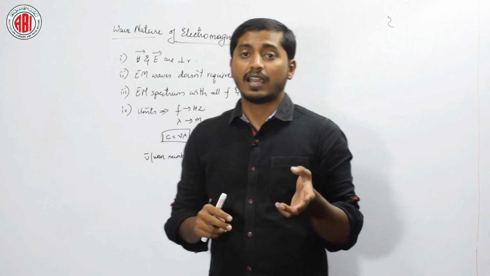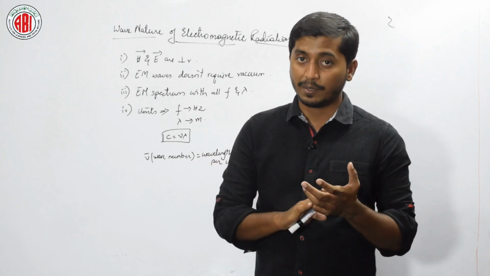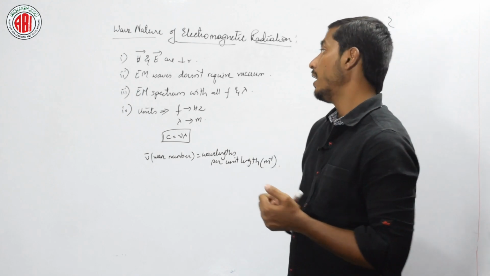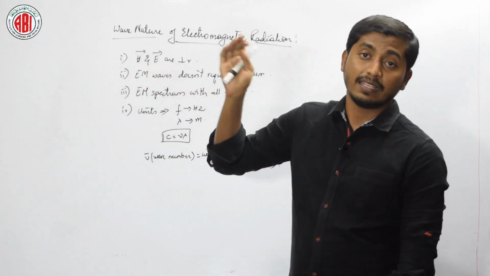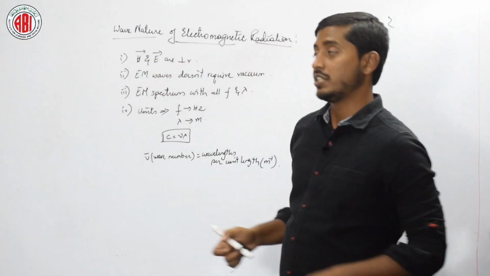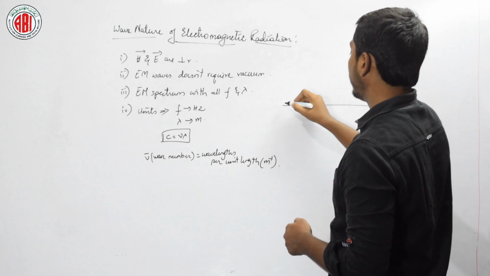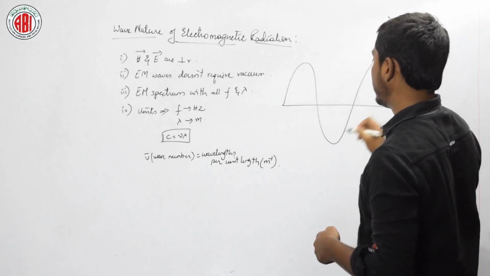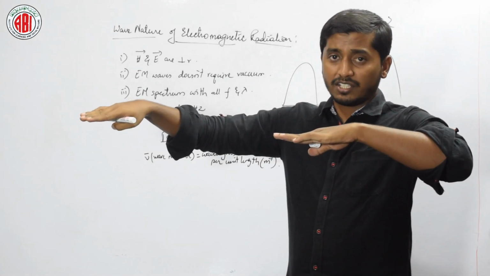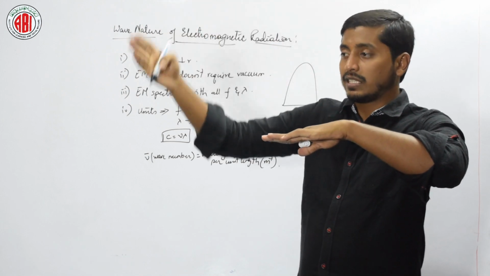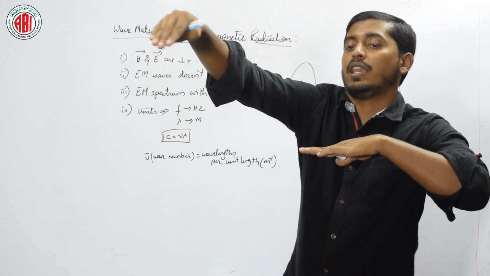Is it clear? Based on that, Maxwell tells that a charge can have two different properties, a particle-like property and a wave-like property, and among them the electric field and the magnetic field are always perpendicular to each other, and both are perpendicular to the direction of propagation. For example, if this is the direction in which my particle has to move, and the electric field is in this direction, then the magnetic field always passes in this way.